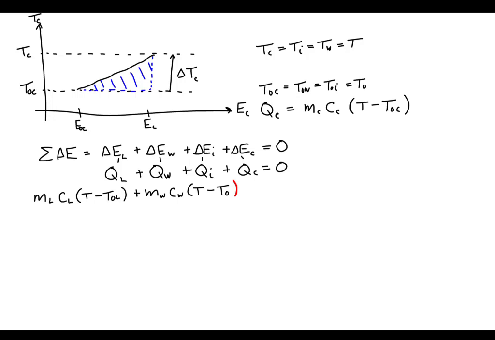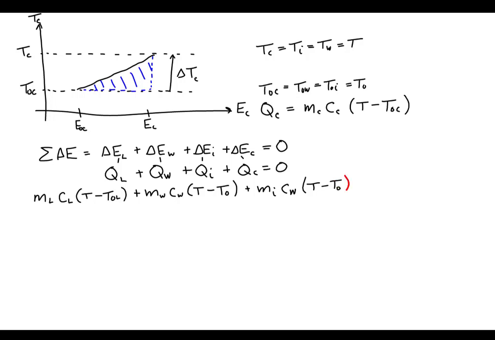Heat exchanged with the ice is mass of the ice, specific heat of the water, because ice will transition into the water phase when its temperature starts to increase, times the final temperature of the ice minus the initial temperature of the ice.